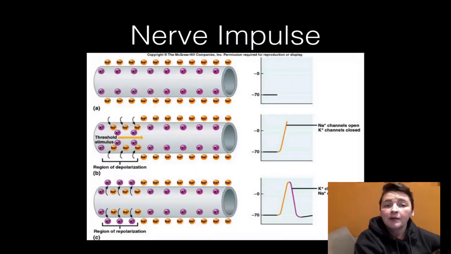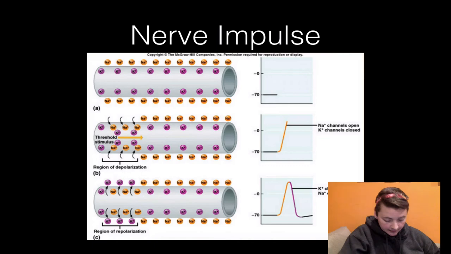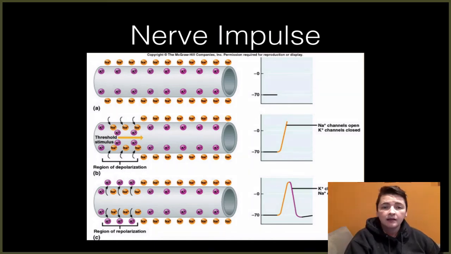Let's talk about a nerve impulse. A nerve at rest has more sodium on the outside and more potassium on the inside of the cell. When a neuron gets stimulated, sodium will enter the cell and the cell will depolarize. Then the potassium will leak out of the cell, repolarizing the cell.